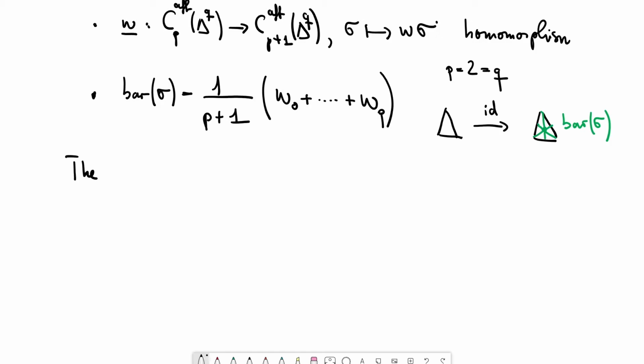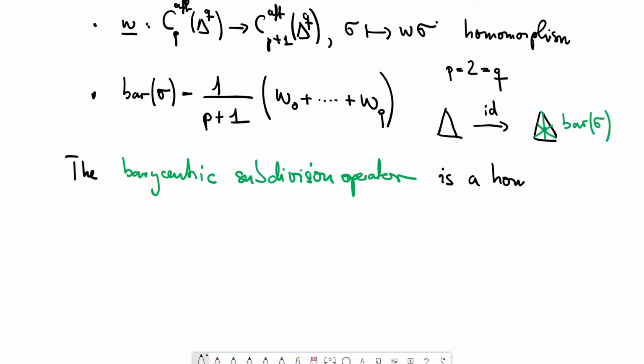So the barycentric subdivision operator is a homomorphism from C_p^affine(Δ^q) to itself.